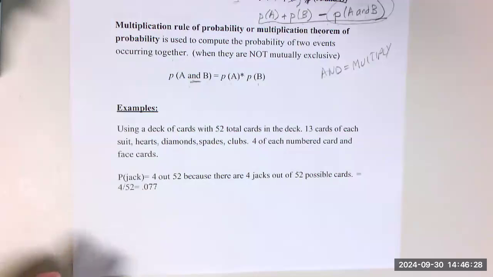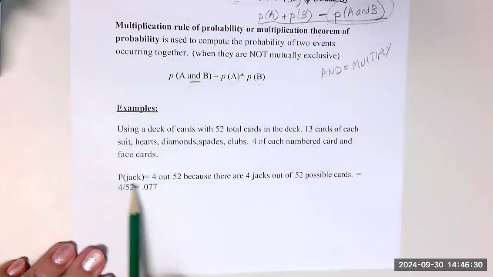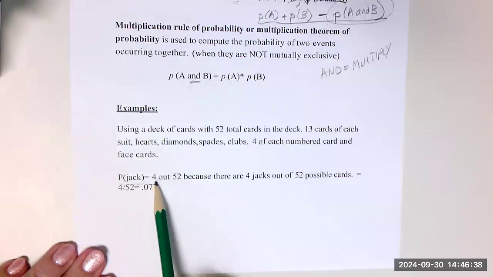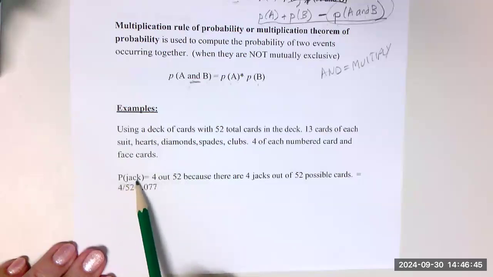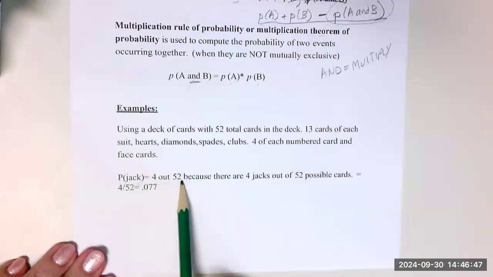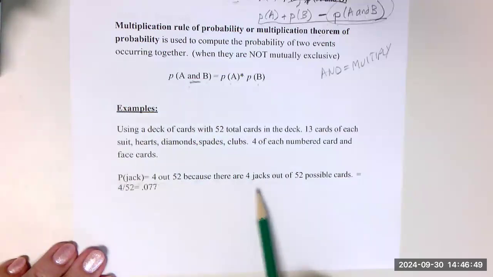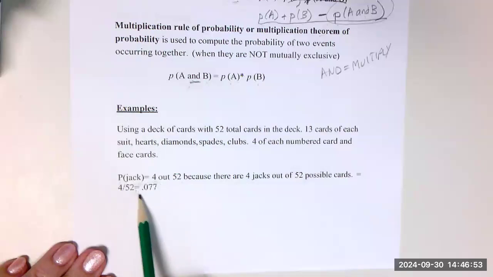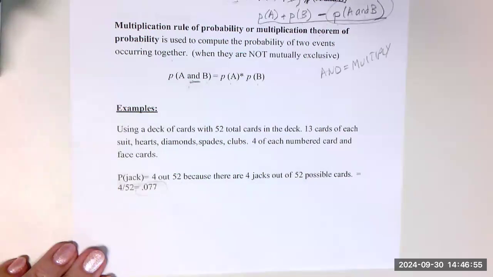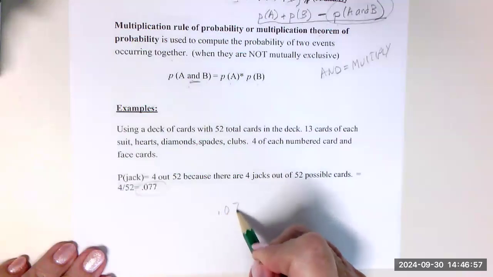Okay, so this is really simple probability. What's the probability if you pick a random card out of a deck that you'll get a jack? Well, we know there are 4 jacks in a deck of cards, and we know there's 52 total cards. So the probability of getting a jack is 4 out of 52, right? So 4 divided by 52 gets you 0.077.